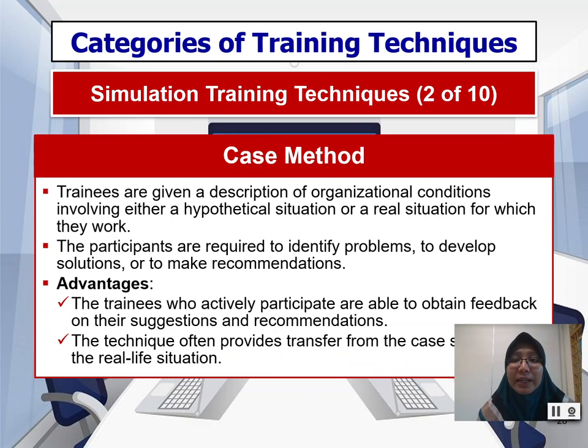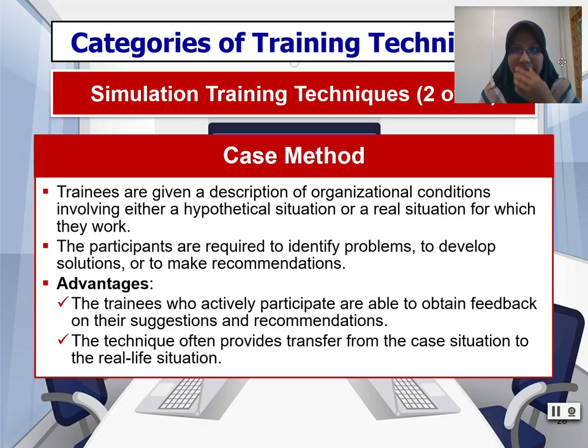Second one, the case method. So what is the case method? The case method is where trainees are given a description of organizational conditions involving either a hypothetical situation or a real situation for which they work.